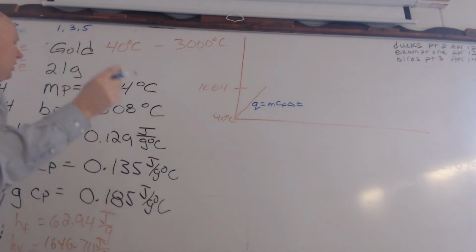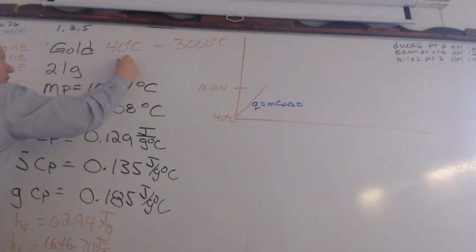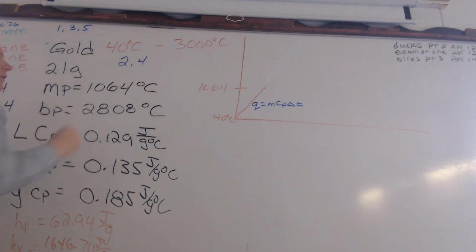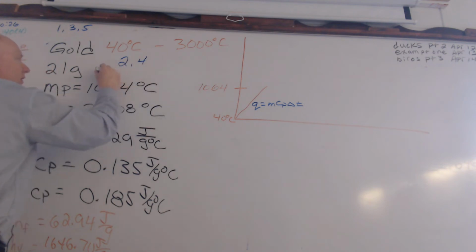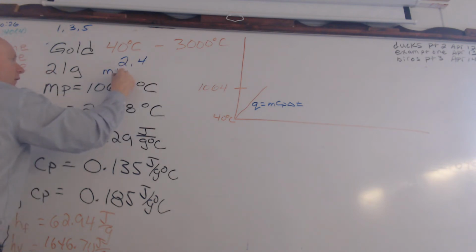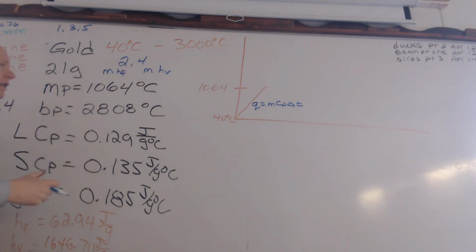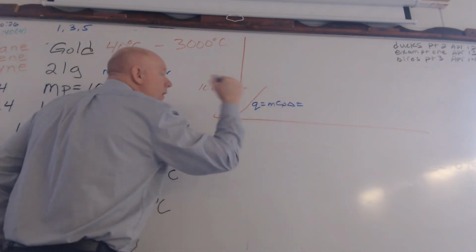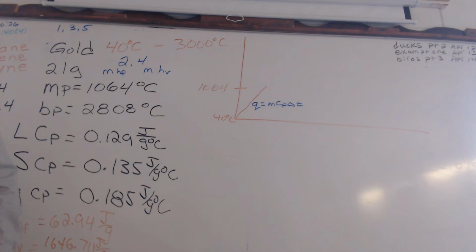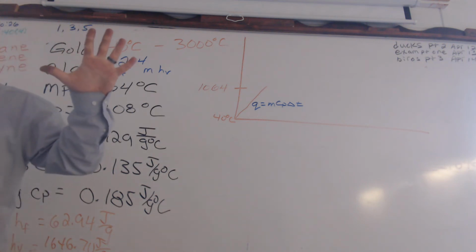Okay, does anyone remember what steps 2 and 4 were? Or if you had that written down. Mass times heat of fusion. Okay, so this one is mass times heat of fusion, and this one is mass times heat of vaporization. Okay, so in our first step, what variable is going to be seen the same 5 times in a row?